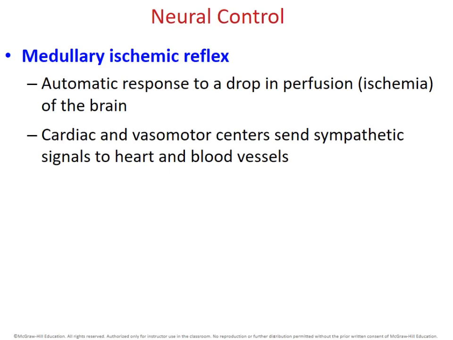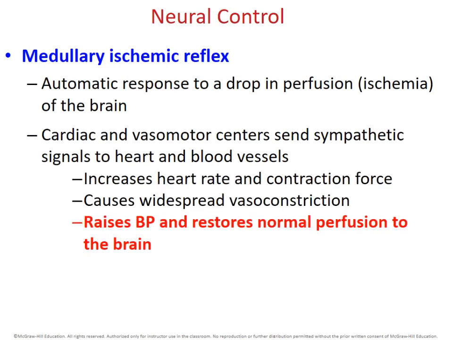We want to increase the sympathetics to increase heart rate. And you can even go so far to say as decrease parasympathetics, right? So we want to raise BP and restore normal perfusion to the brain in the case of an ischemic reflex.